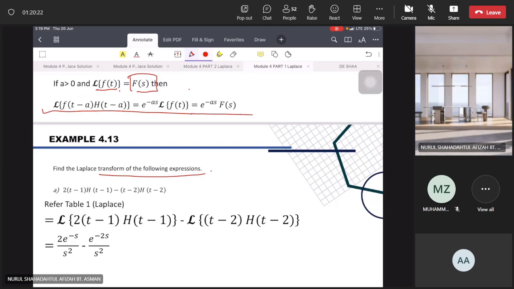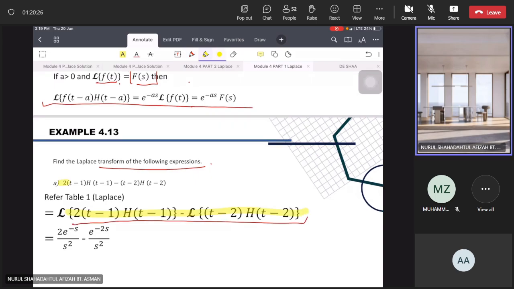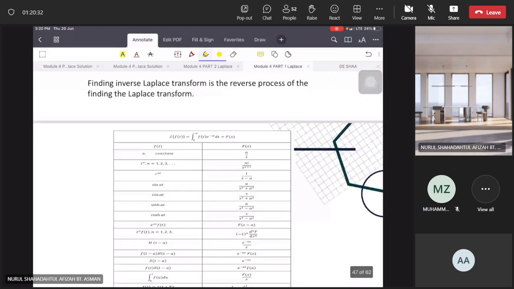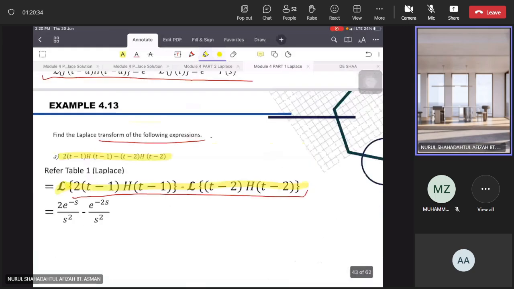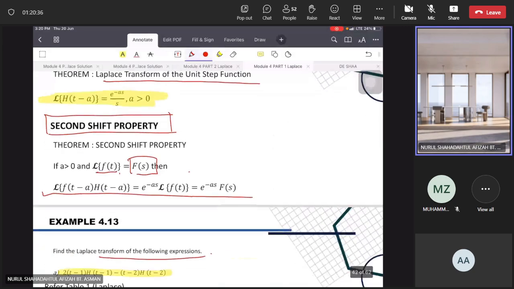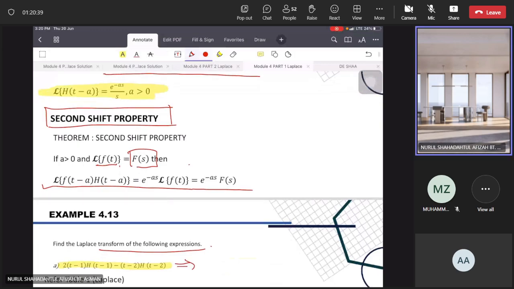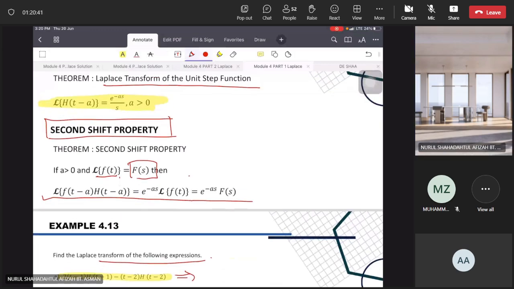Okay, I try this one for the inverse. So for this example, you need to refer to this equation. Yeah.